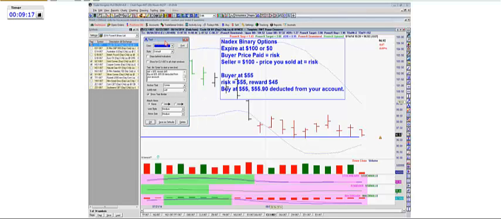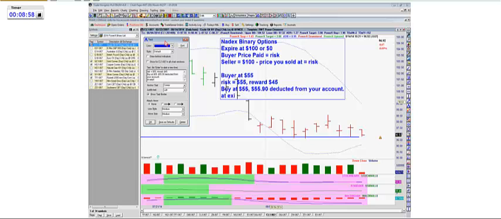So up to the first 10 contracts, NADEX is going to take 90 cents for the trade, because they don't care. They're not making money if the trade is successful or not. They're not trading against you. They're facilitating the trade. They're giving you an ability to place a trade on an open exchange.